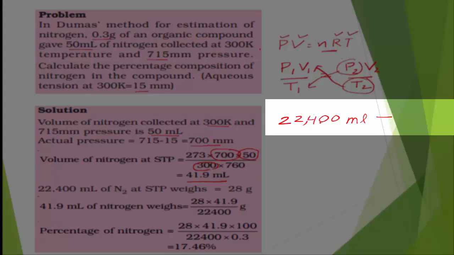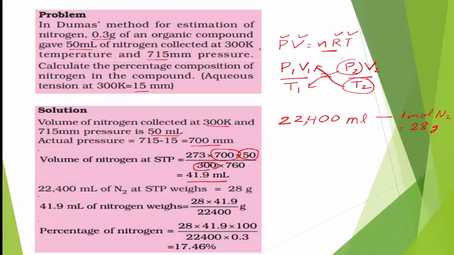We have nitrogen here, so 1 mole means 28 gram of nitrogen. Now we have the volume 441.9 here. So how much nitrogen will there be?